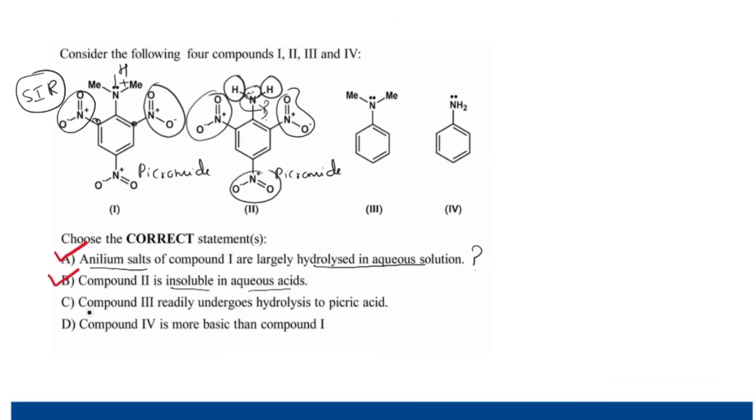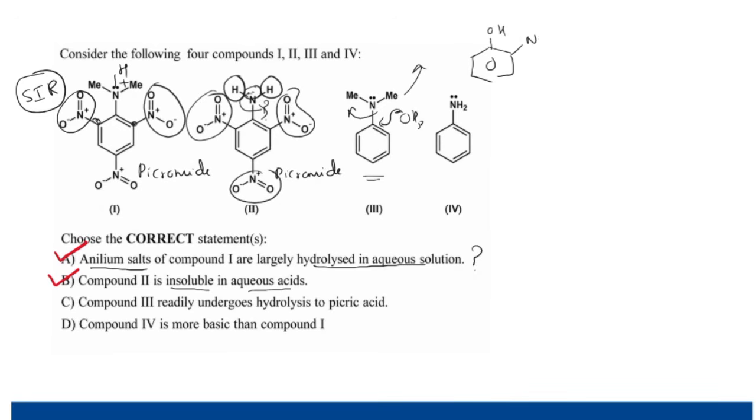Now let's analyze option C. Compound 3 readily undergoes hydrolysis to form picric acid. So this is N,N-dimethyl aniline. How will it undergo hydrolysis? Hydrolysis means the OH minus basically should replace this, and it's supposed to form picric acid.